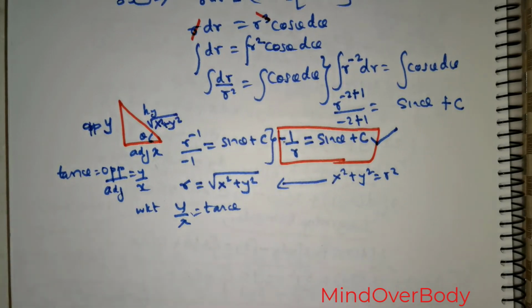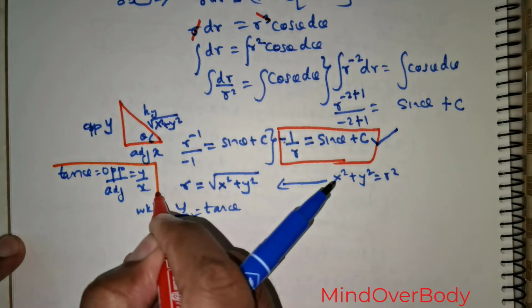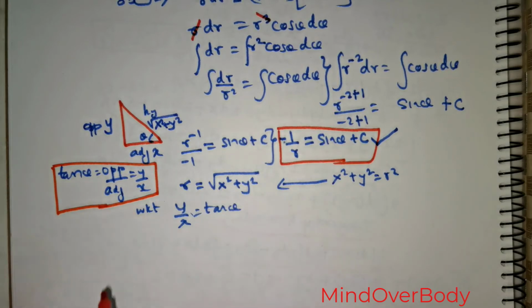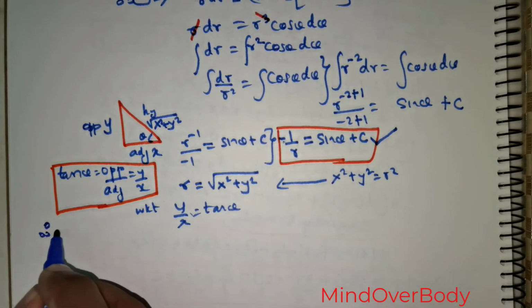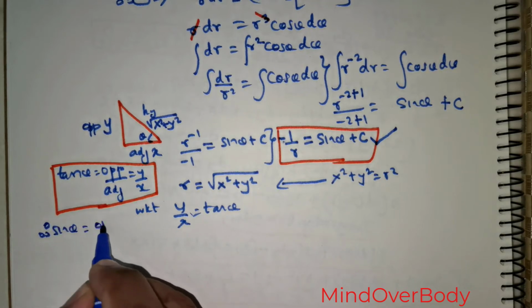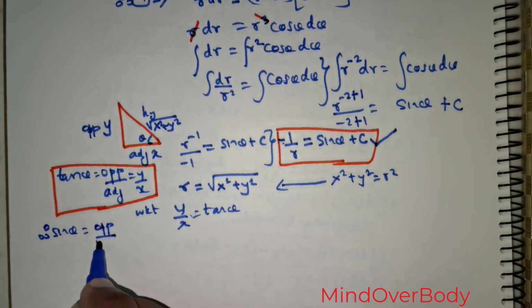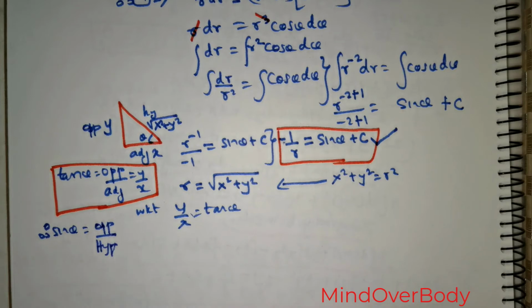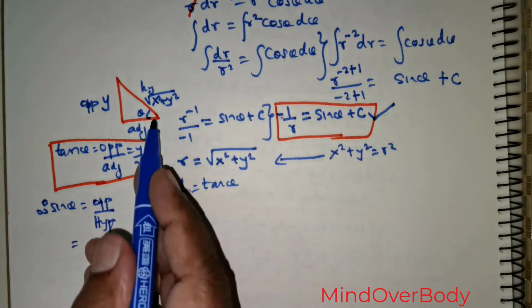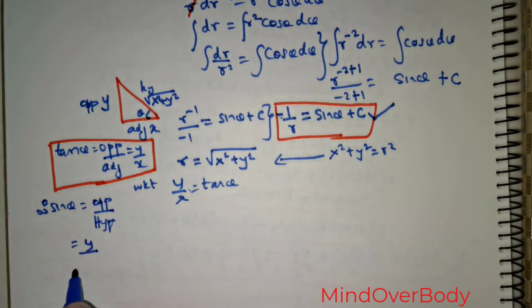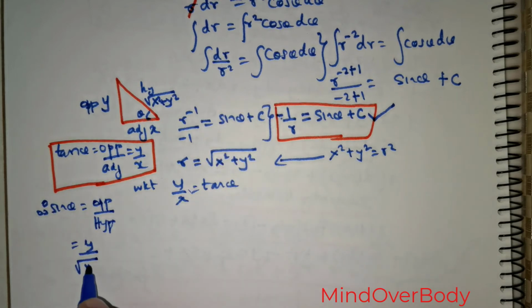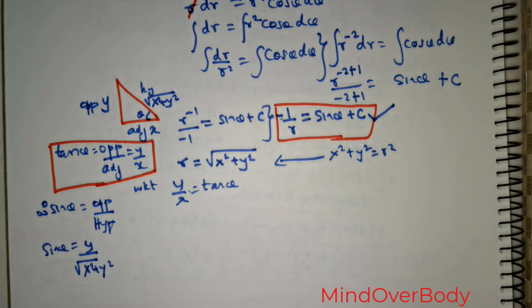But we are expected to find sin theta. So sin theta is opposite side divided by hypotenuse. Which is equal to the opposite side, y, over the hypotenuse, root of x squared plus y squared. This is my sin theta.